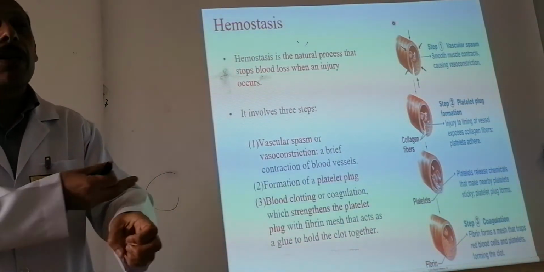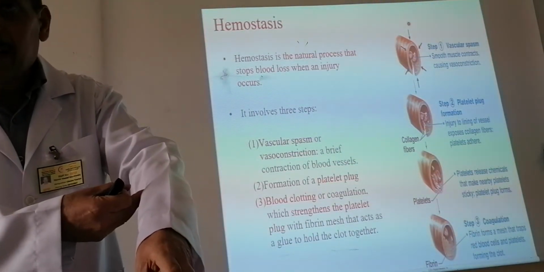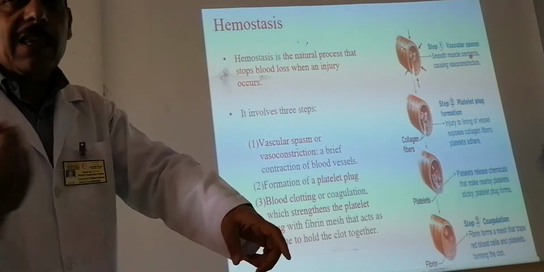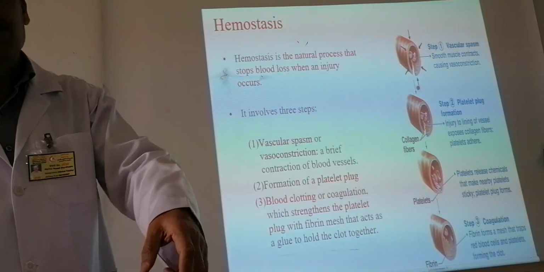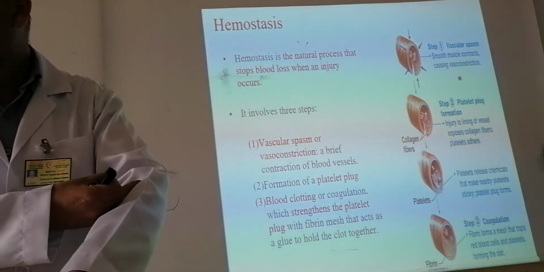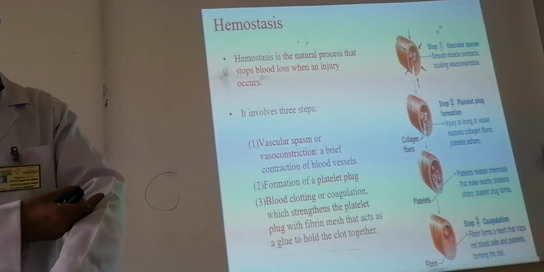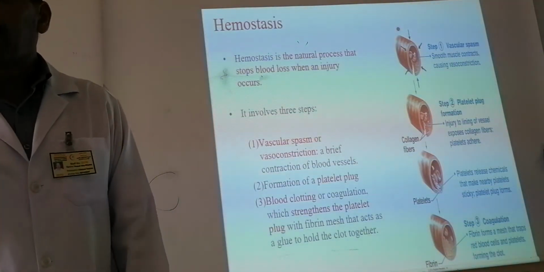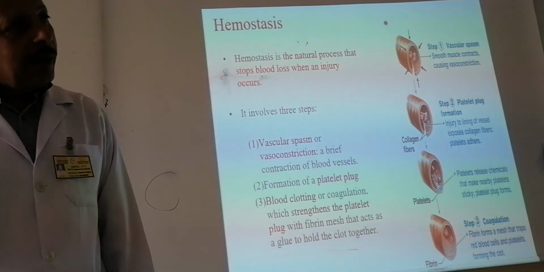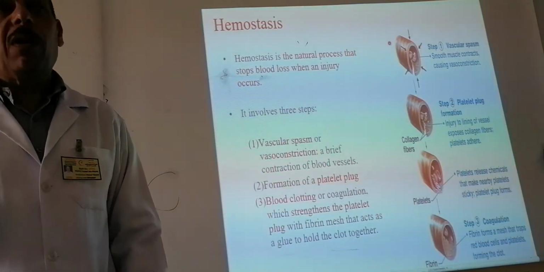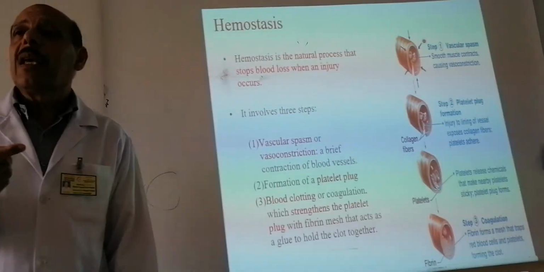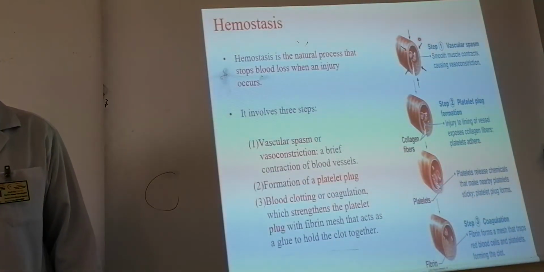The injury can be an injury to the outside, like a wound, an open wound, and we can see the blood coming out. It might be an internal injury, internal bleeding, or it can be a small injury to the wall, the lining of the blood vessels.